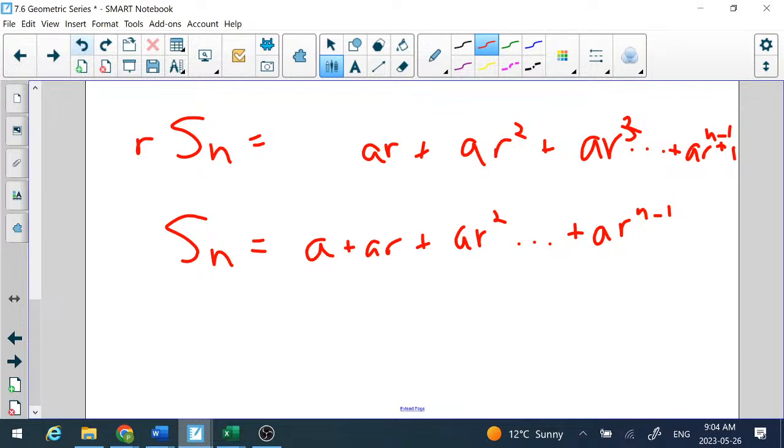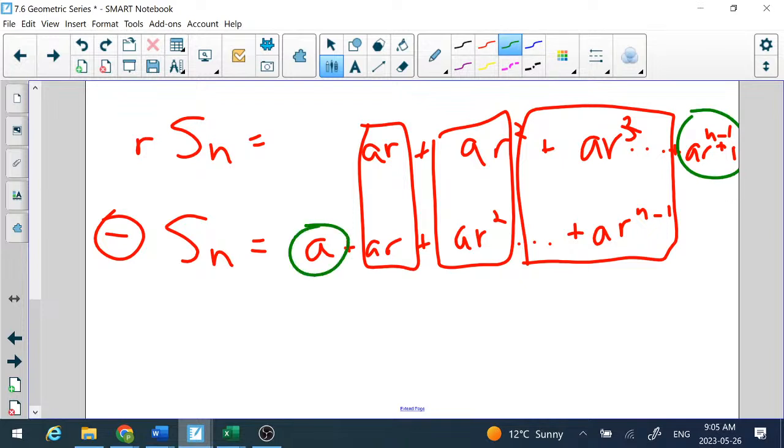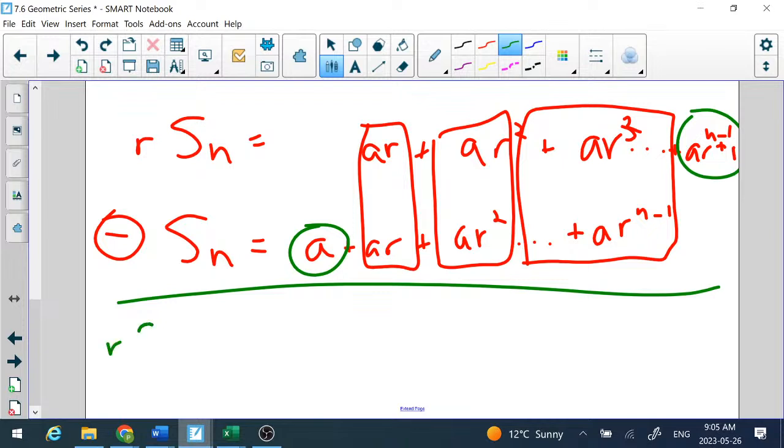Chloe? So if I go and I subtract one from the other, so let's say I subtract the original from the R guy, well, these are going to annihilate each other. So are these. So are all the rest of these, except not the last one here, and not the first one there. So when I subtract, I'm going to get rSn minus Sn.